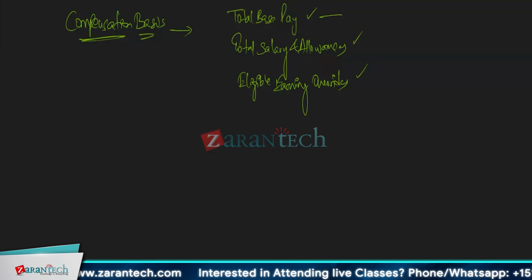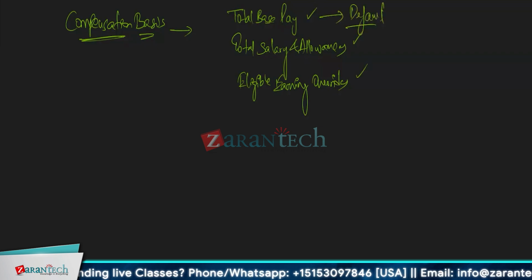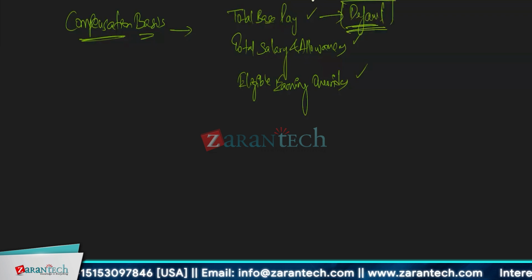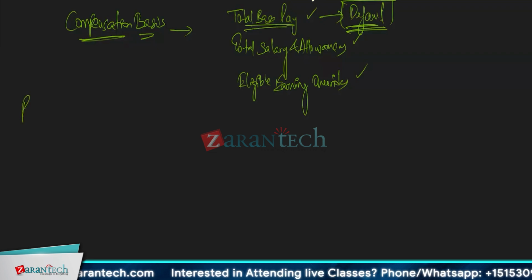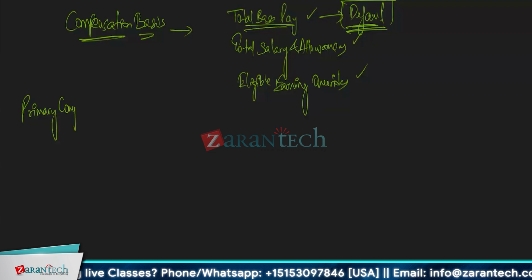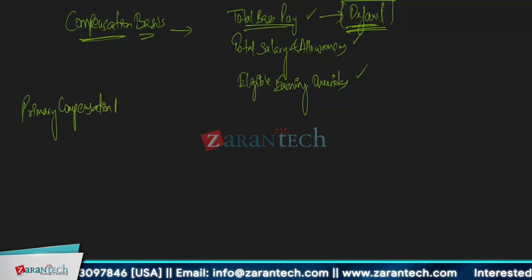Total base pay is the default comp basis, meaning any employee you hire will have a default comp basis called total base pay. And this is the primary compensation basis. So there is something called primary compensation basis in Workday.